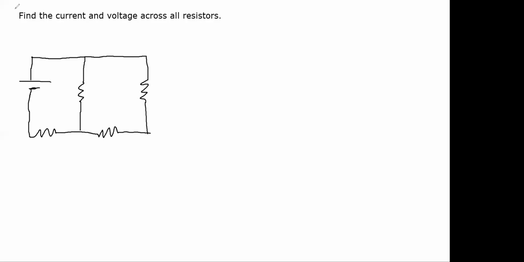Okay, so here are my resistors. Let's say this is a 10-volt battery. I'll call this resistor 1 equals 15 ohms. Resistor 2, 10 ohms. Resistor 3, we'll do 20.